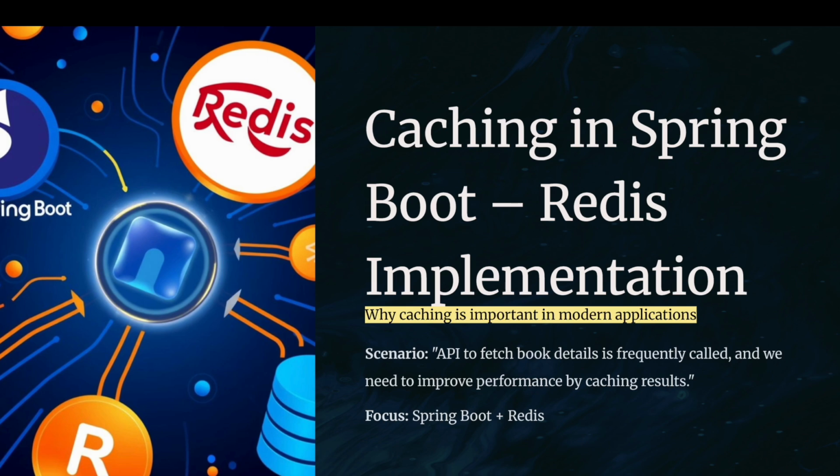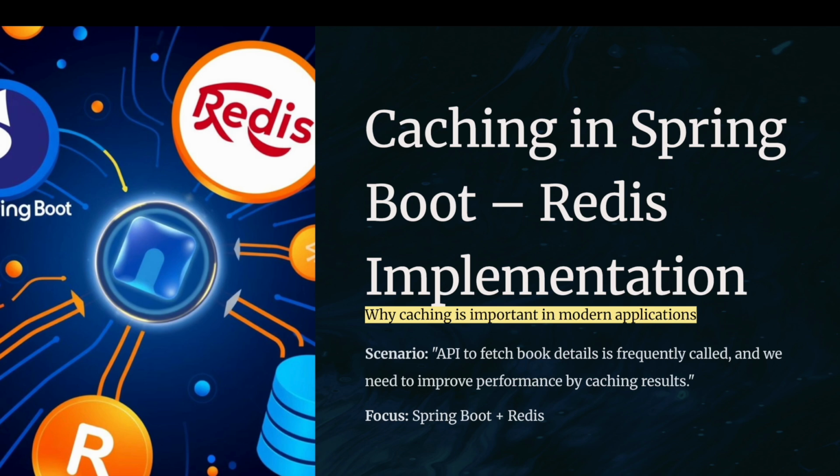So I've already discussed the scenario, but I'll just give it briefly again. There is a book API which is getting called frequently and we want to improve the performance by implementing a cache so that every time this API is called it's not hitting the database.